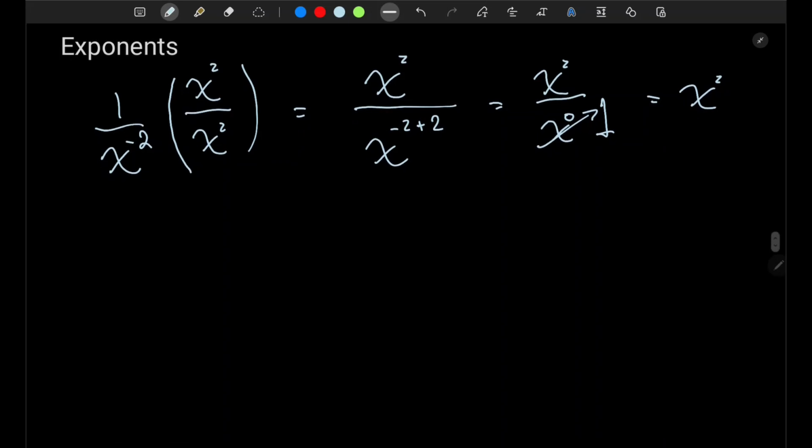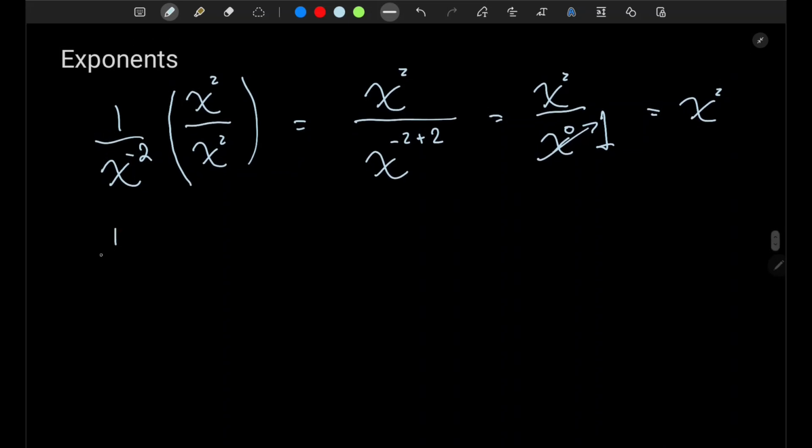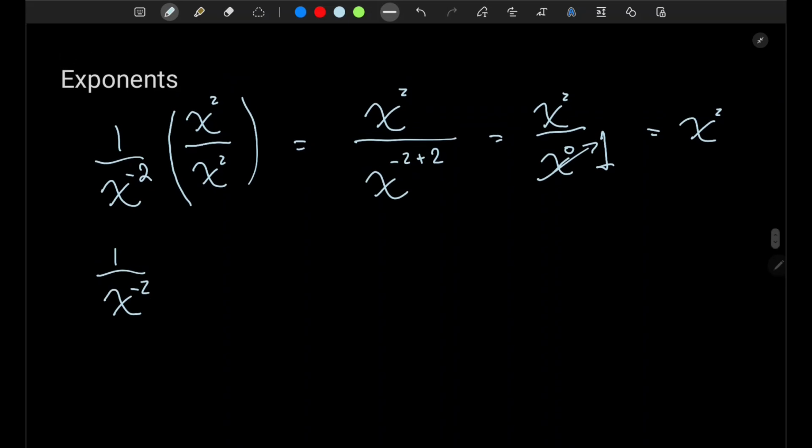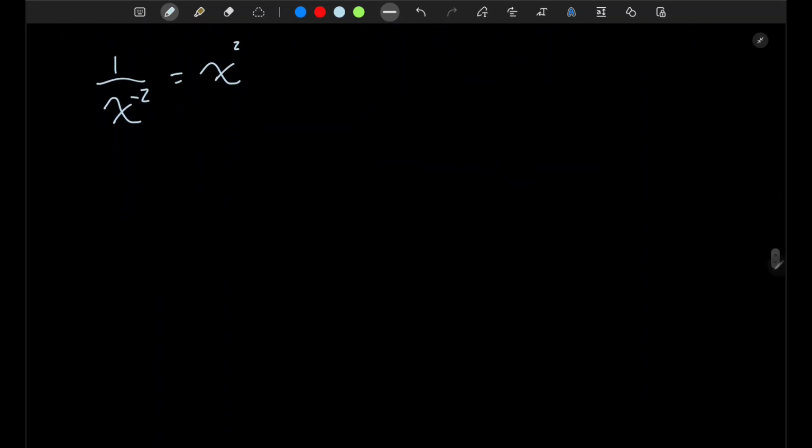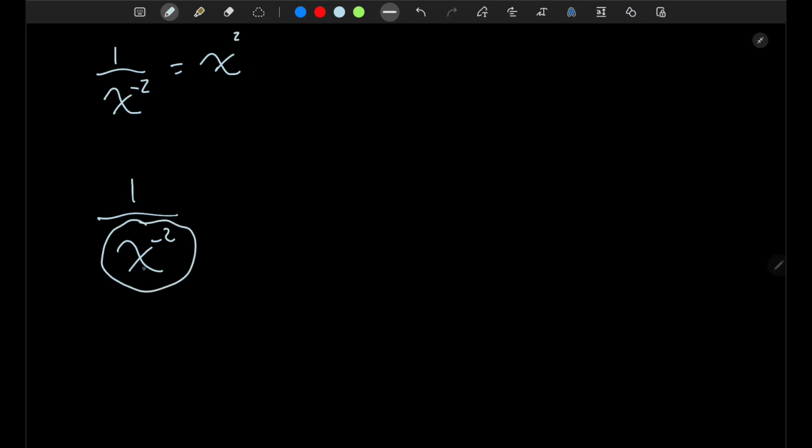The shortcut here is that if we have 1 over x to the minus 2 on the bottom, and we end up with x squared, how I visualize this is that if you have a division sign, you can take whatever you have on the bottom and push it directly up, and the exponent changes sign.